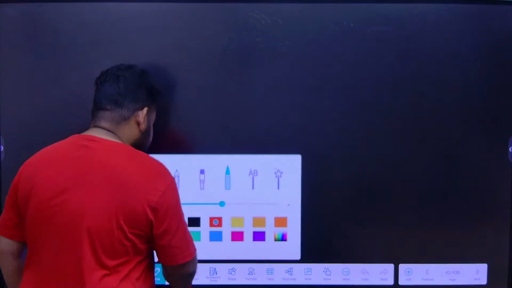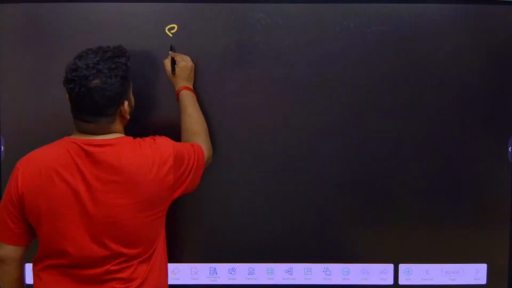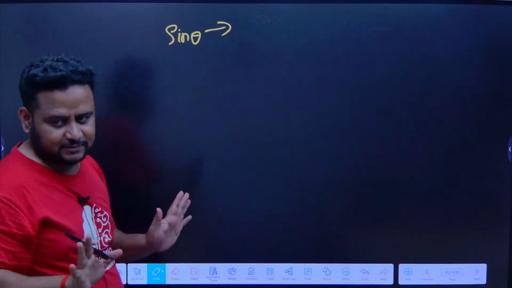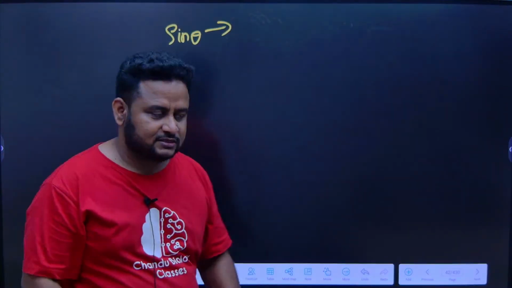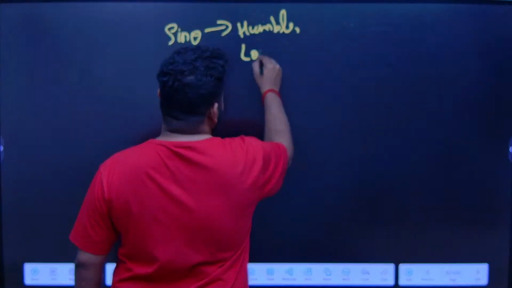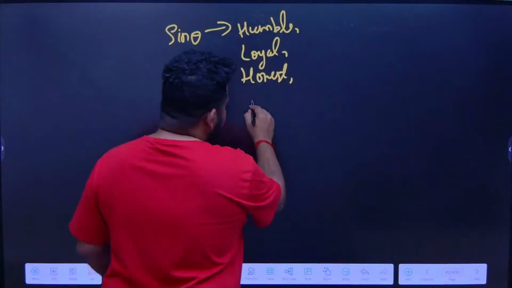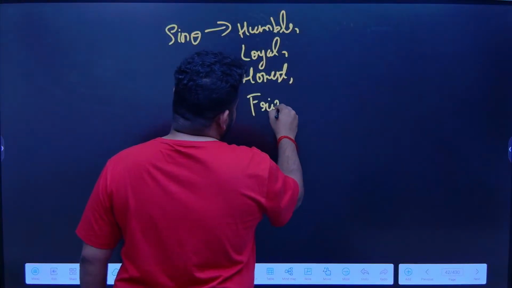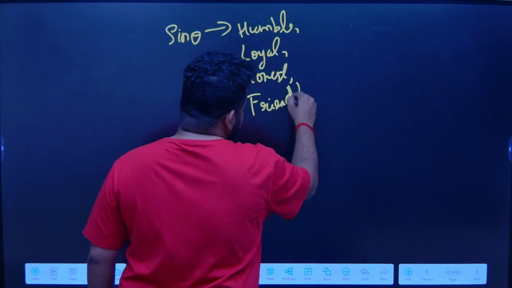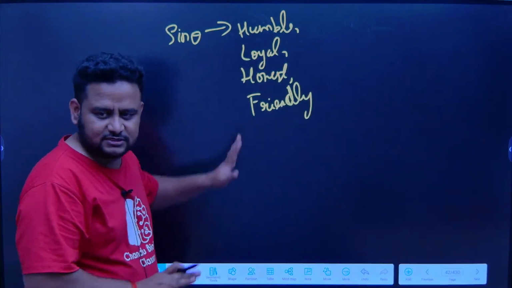So if I talk about sin theta, if you consider sin theta as a person, this person is very humble, loyal, honest, and also very cooperative or friendly. So you can say everything good is sin theta.